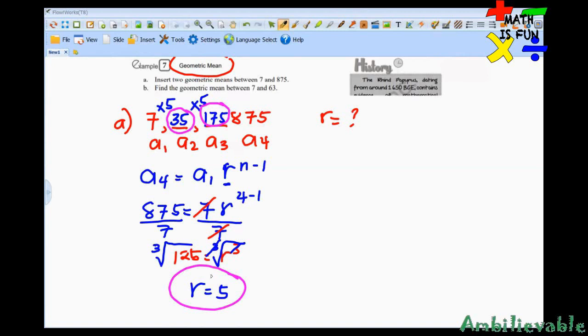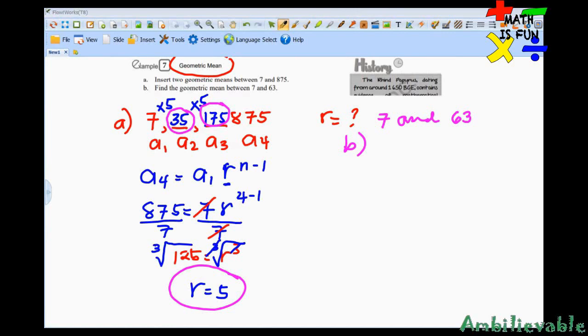Find the geometric mean between 7 and 63. So 7 and 63. All right. Now letter B. So let us see it again. Geometric mean. Okay. So the geometric mean is only by multiplying the two numbers.